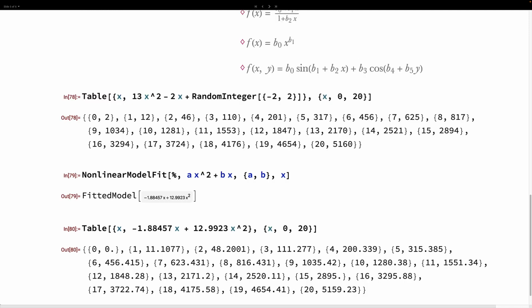We can see that it's surprisingly accurate. And now this isn't to say that you should be surprised at the accuracy of decades-old strategies. However, it's really interesting that you can give it a function like 13x squared minus 2x plus a random integer and give it a different form of nonlinear regression. You can still get a very accurate answer out of it.